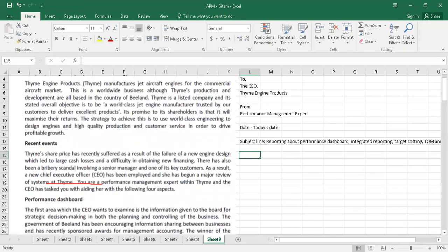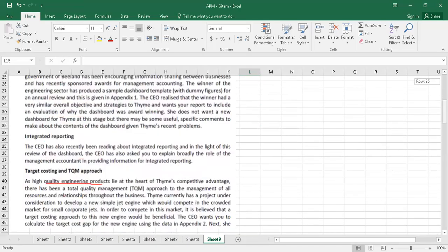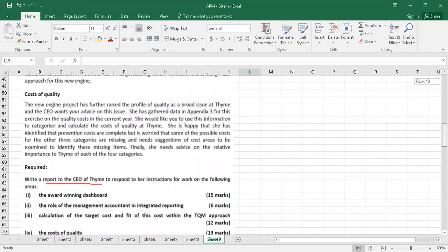Out of the list, the first aspect is to comment on the award-winning dashboard. It's a 15 marks question out of 50.